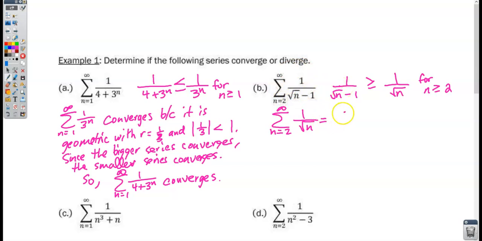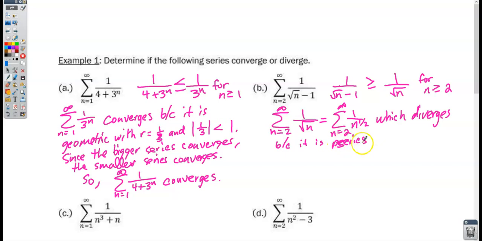This is equal to the sum from 2 to infinity of 1 over n^(1/2), which diverges. And why does it diverge? Because it is a p-series with p less than or equal to 1.